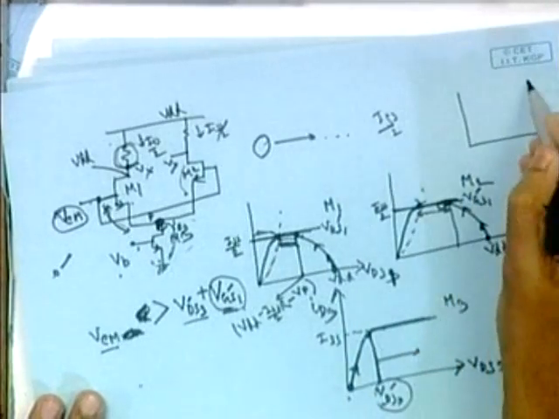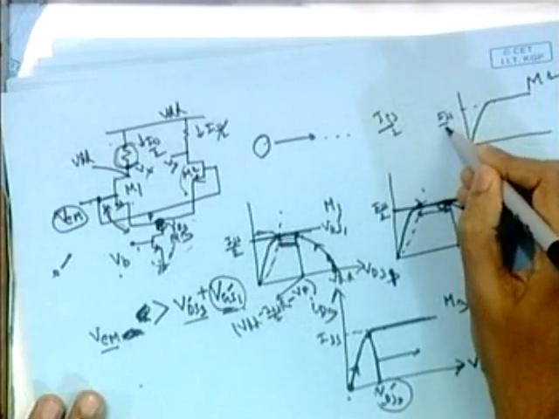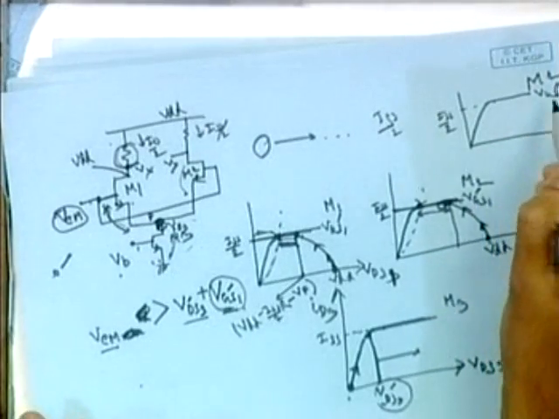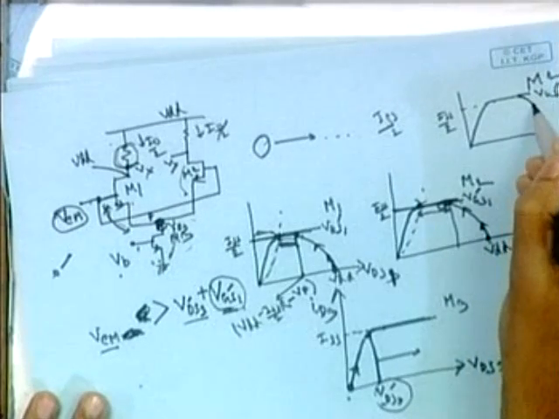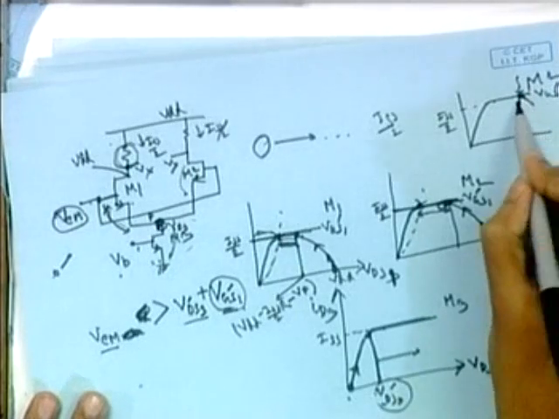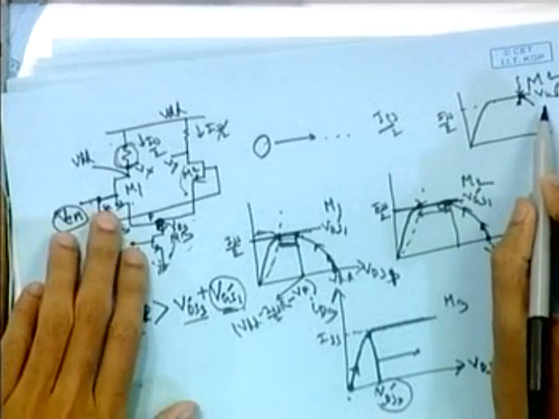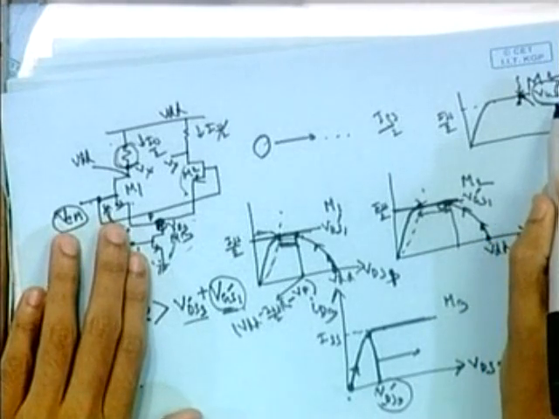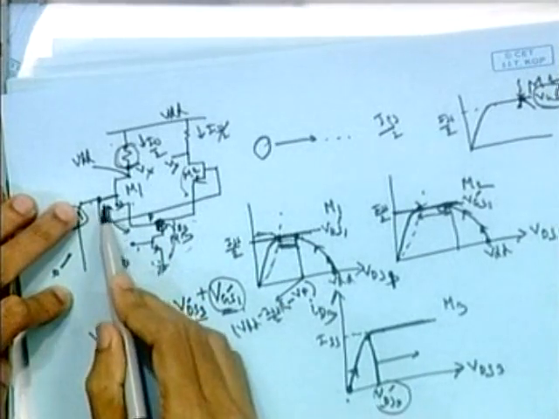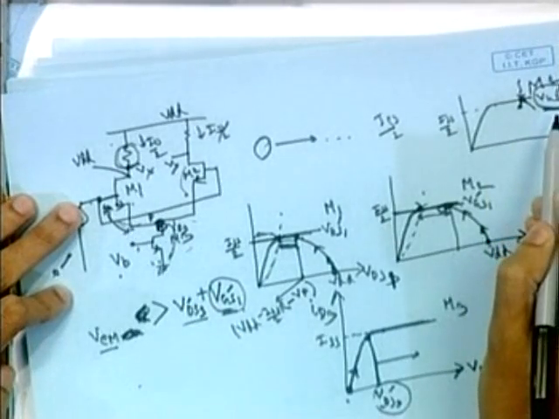If I draw M2 only, suppose this is ISS by 2 and call this VGS1 prime, some value will be there. So it will hit at this point. We need to find the input corresponding to that point. So when our VGS1 is VGS1 prime, if we want to get the input, we have to take this voltage and the gate to source of this one. So this voltage is VGS1 prime.